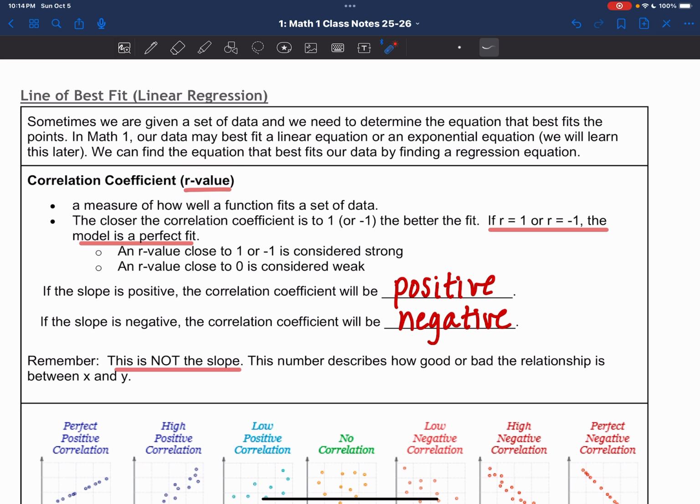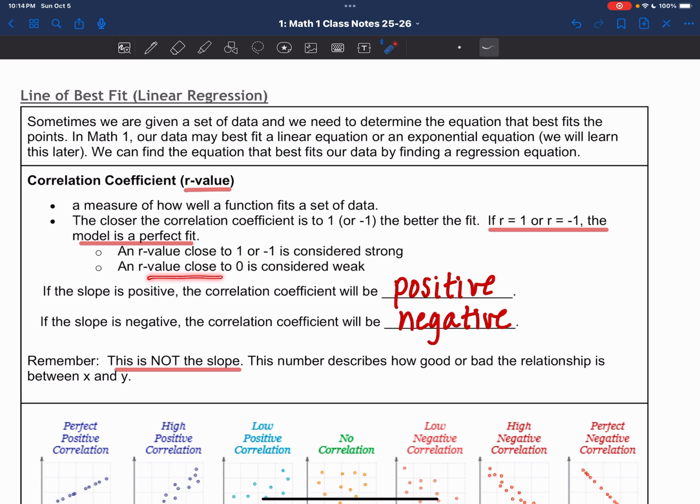It's basically saying how close the points are to the line of best fit or how well it fits the data. The closer the correlation is to 1 or negative 1, the better the fit. So if R equals 1 or R equals negative 1, the model is a perfect fit, meaning your points are all on your line of best fit. So the closer it is to those, it's strong.